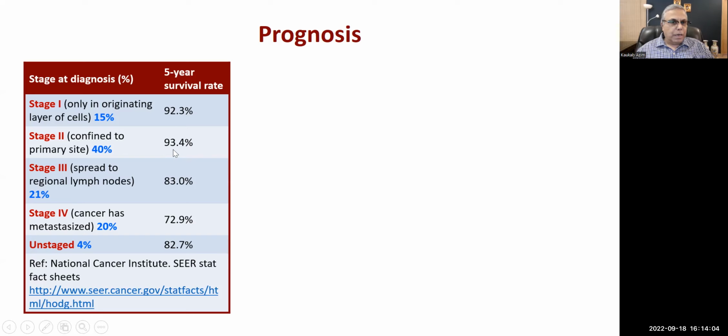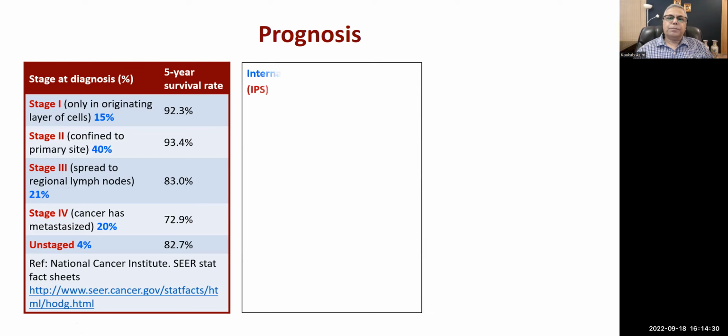Actually, it should be less than that, I am not sure whether it is a mistake, but it's written 93%. I'll double check this. But anyway, the survival rate is very good. And stage 3 is 83%, and stage 4, which has metastasized, still 73%, and unstaged 82 to 83%, right? So the 5-year survival rate is very good.